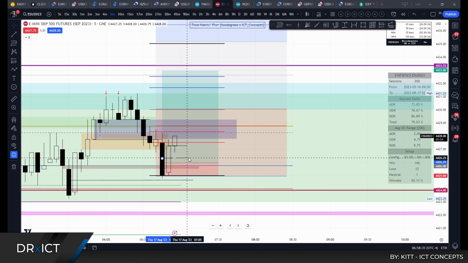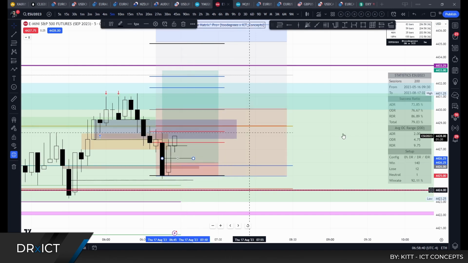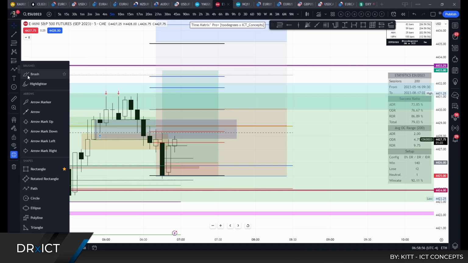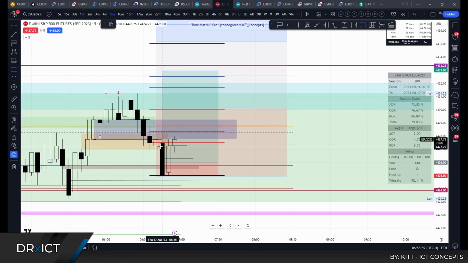So we want to see price hold, expand upwards towards these wicks, which then become kind of liquidity targets within the range. Rectangle.